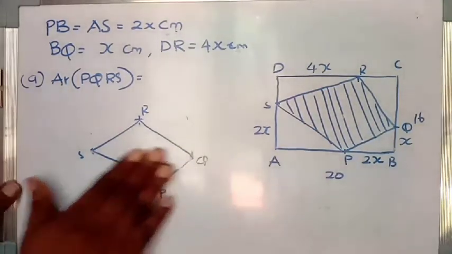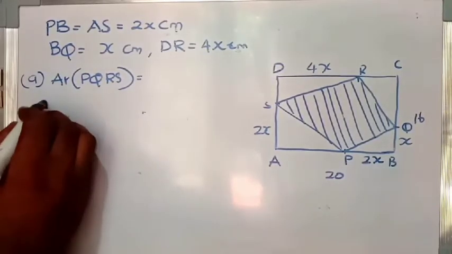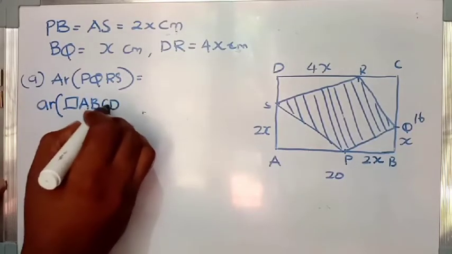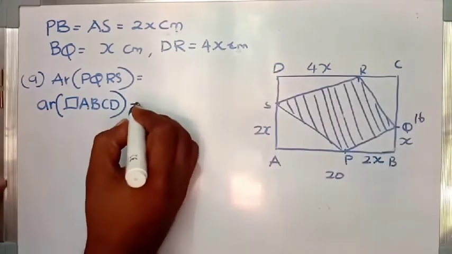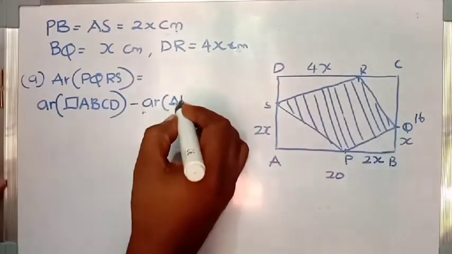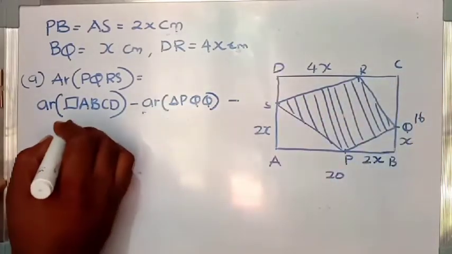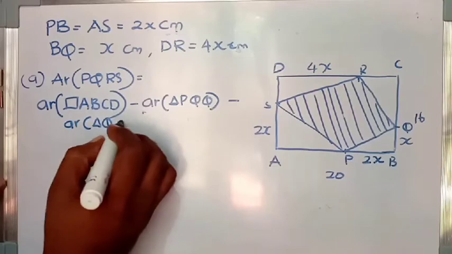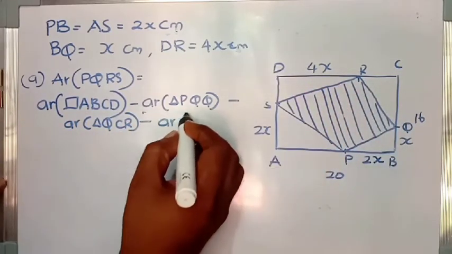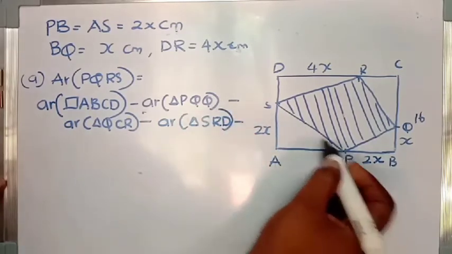That means area of quadrilateral PQRS is area of rectangle ABCD. From ABCD we have to delete area of triangle PBQ and QCR, then SRD and area of triangle APS.